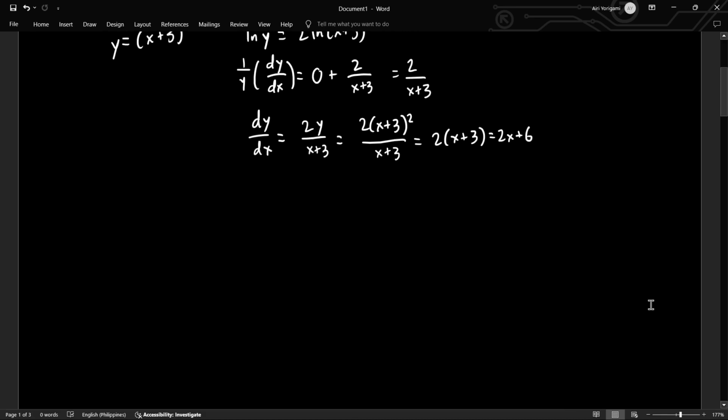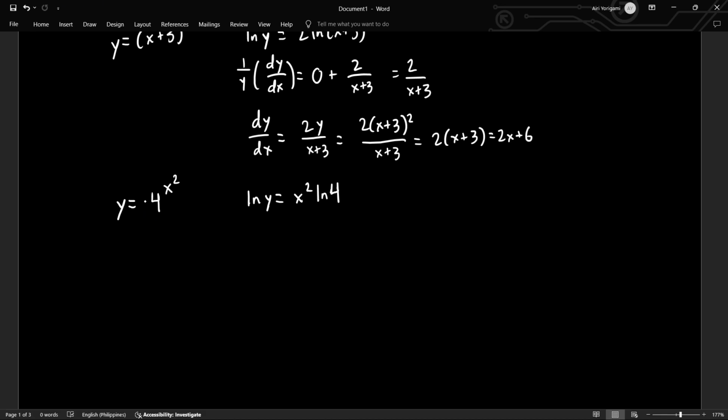Now, let's try something a bit harder. Let's say 4 raised to x squared. Okay? For us to do that, we can use ln y is equal to x squared ln 4. Okay?